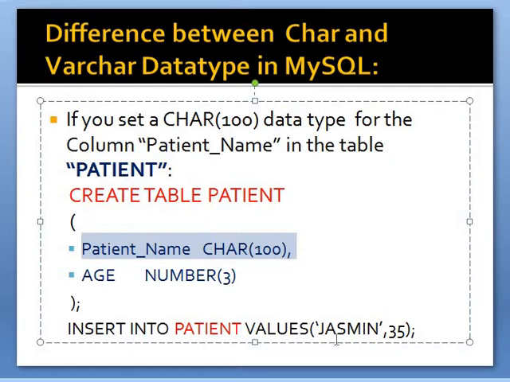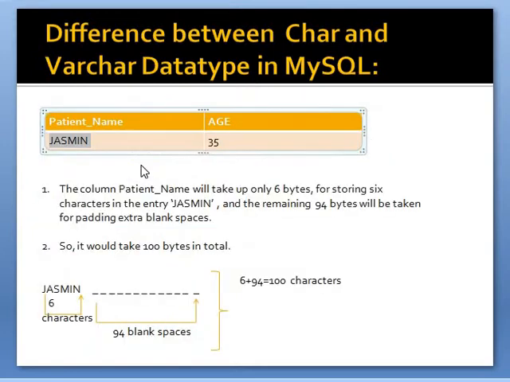And now if you try to insert this entry called Jasmine for this particular column called patient name, then for 6 characters in the entry Jasmine, it would take up 6 bytes of memory space.